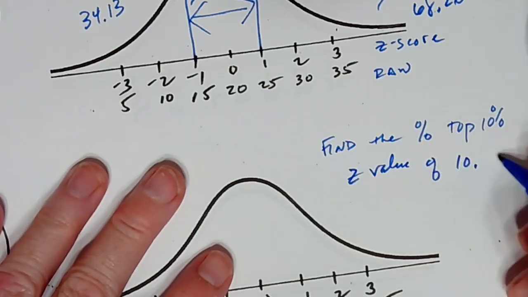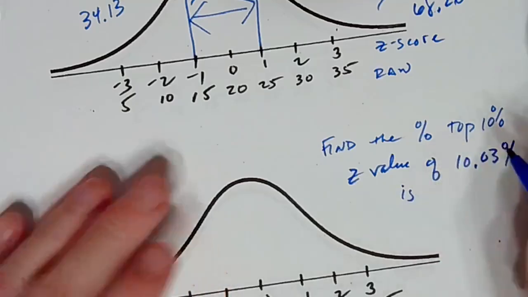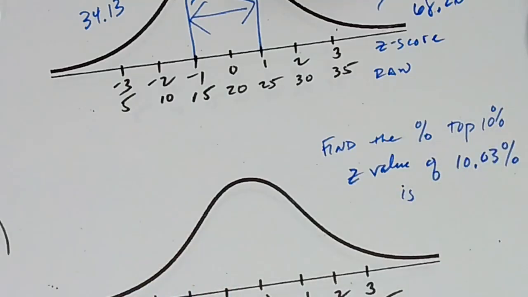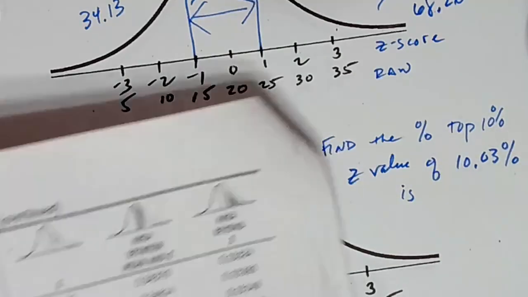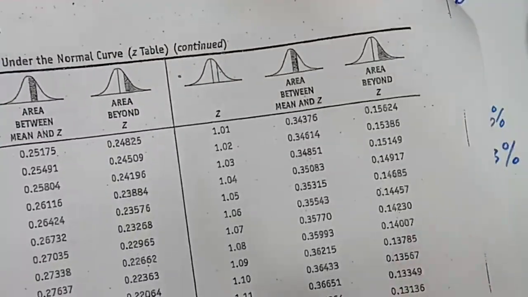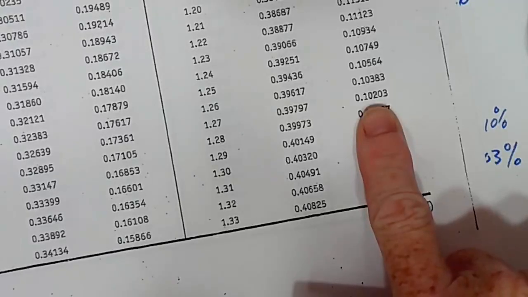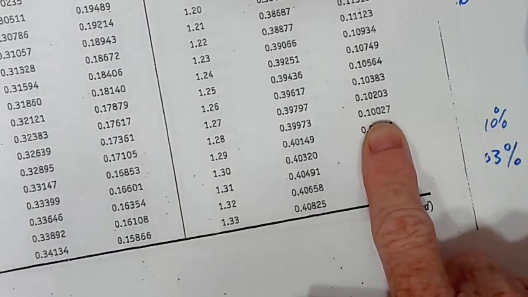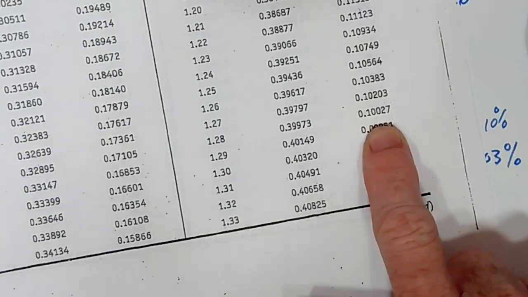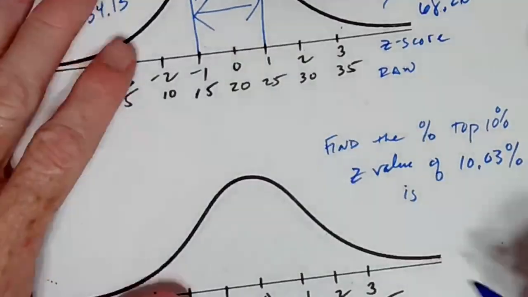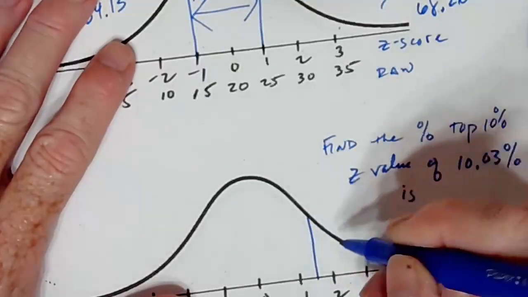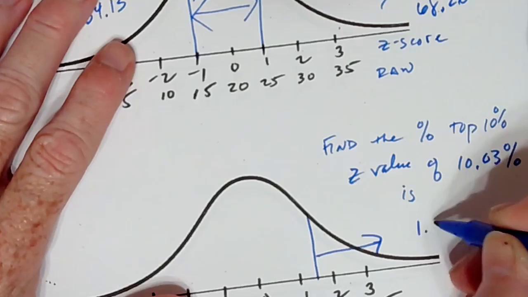The Z value of 10.03% is 1.28. So this Z here is 1.28.